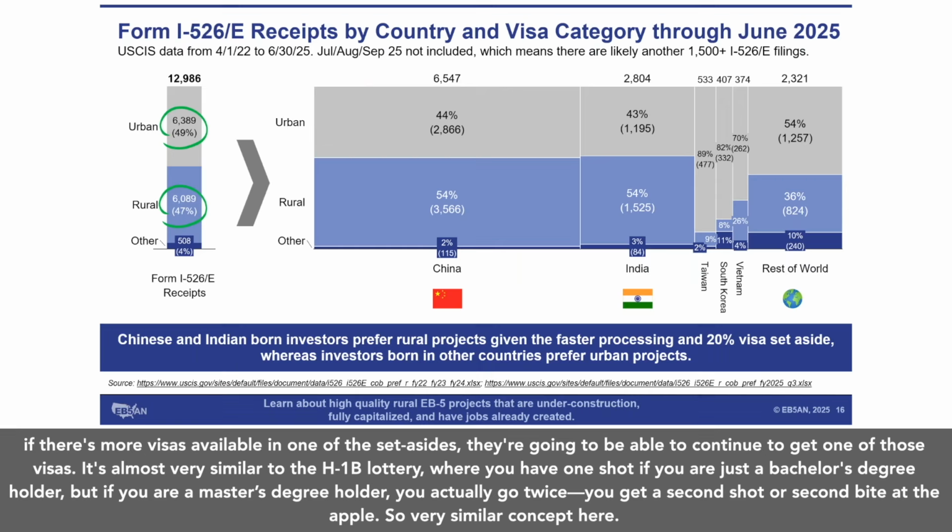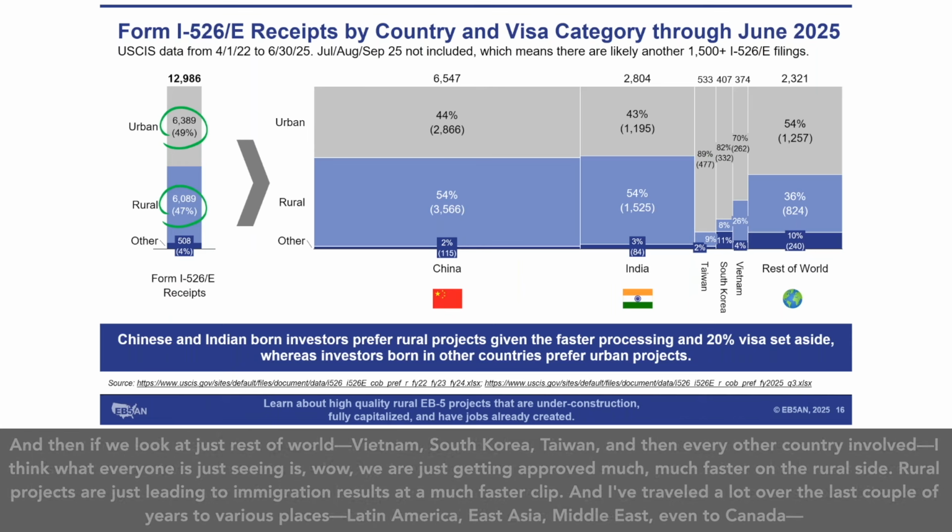It's very similar to the H-1B lottery, where you have one shot if you're just a bachelor's degree holder, but if you are a master's degree holder, you actually go twice. You get a second shot or second bite at the apple. So a very similar concept here.